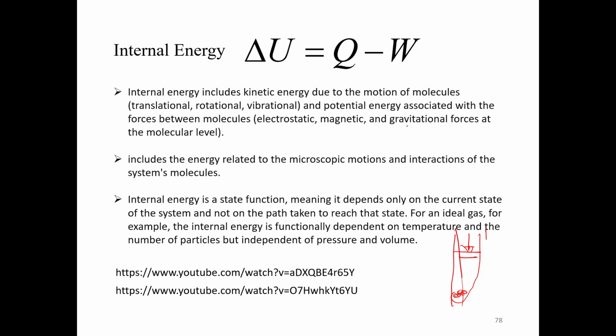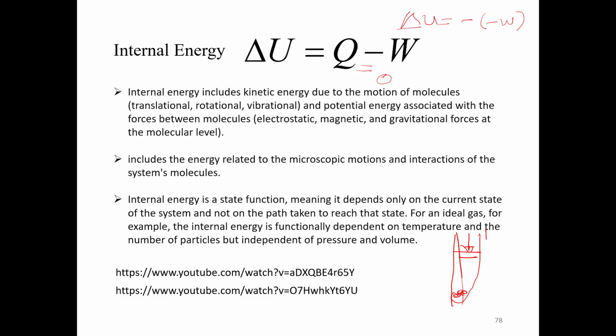Now, if we explain that experiment using the first law of thermodynamics, there's no heat transfer, so Q equals zero. And we are doing work on the system, so work done on the system is negative. Therefore delta U equals Q, which is 0, minus minus W. Why minus W?